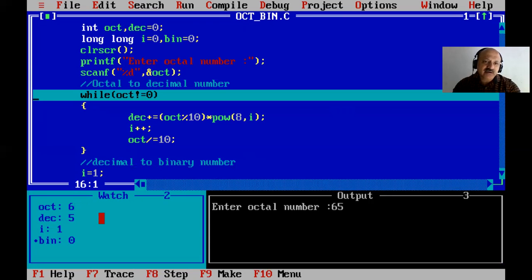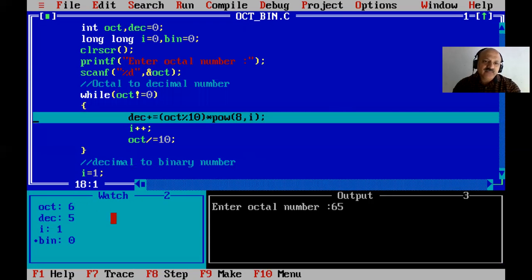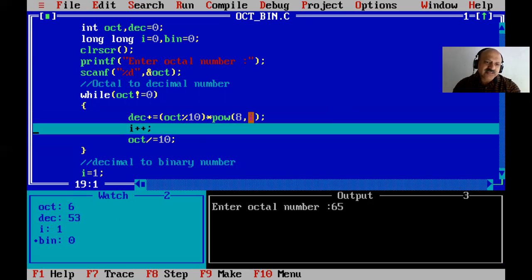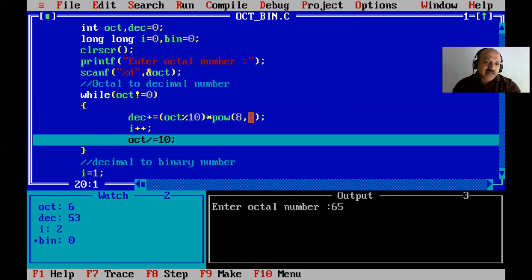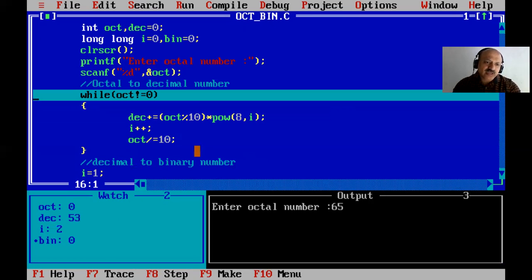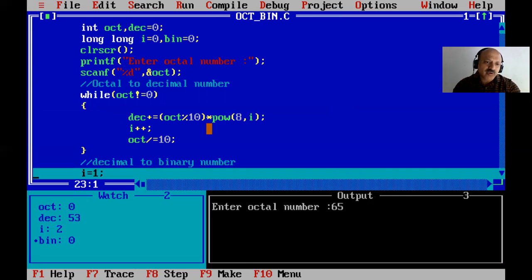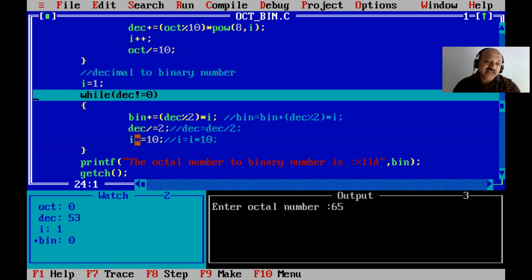And now yes, again the while loop is true, then 5 is already stored, and now that 6 multiplied by 8 upon 1, so that is 53. Yes, and I plus plus, and then again divided by 10, so that is 0, so the condition is false and the while loop ends. And I assign, again I use the same I, so I assign I as 1, because we have two multiplication operations.